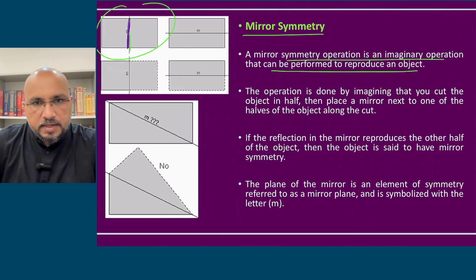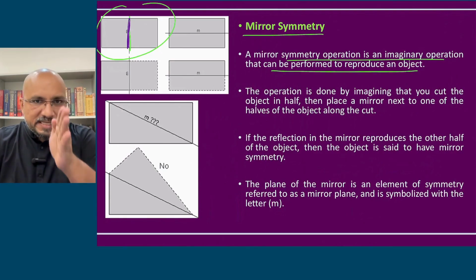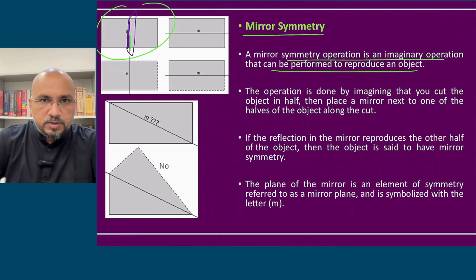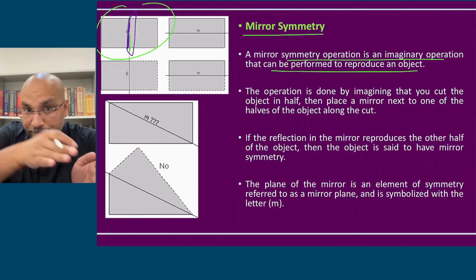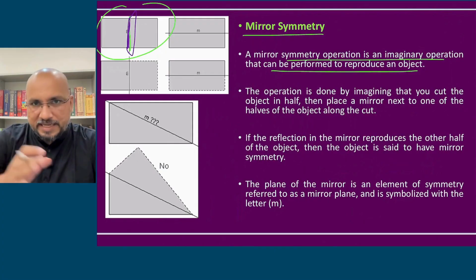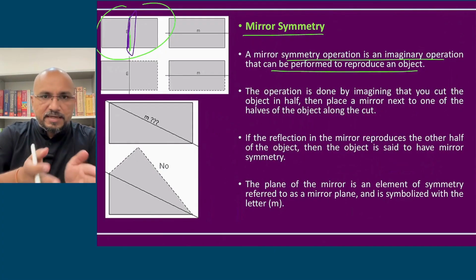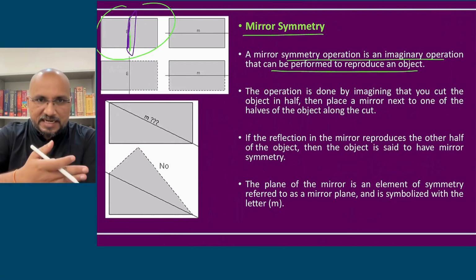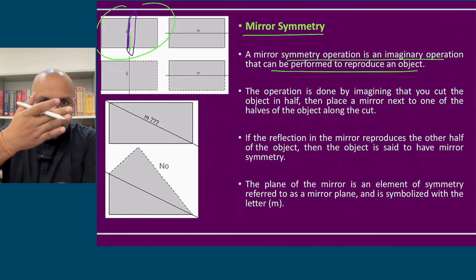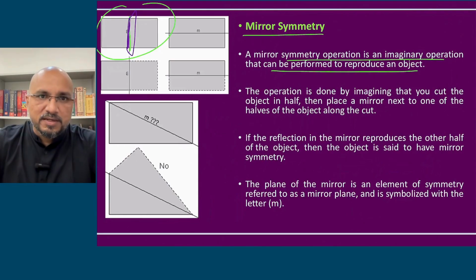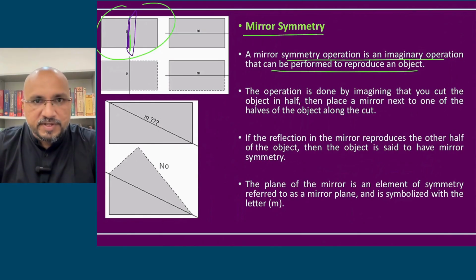Now, if you place a mirror here, the image which is produced in the mirror should reproduce the rest of the half. You have cut an object in exact half and placed a mirror, so the image formed in the mirror should reproduce the other half.